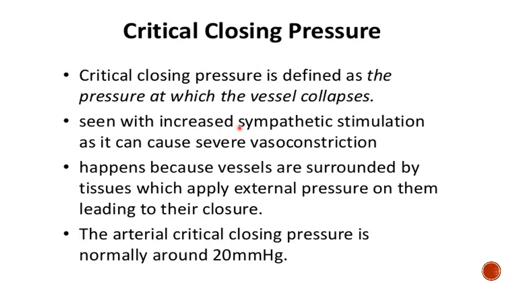But the vessel collapses when there is severe vasoconstriction, and this closing of the blood vessel occurs because the vessels are surrounded by tissues which apply external pressure on them, leading to closure. For arteries it is around 20 mmHg. If the pressure falls below this level, then the blood flow stops.